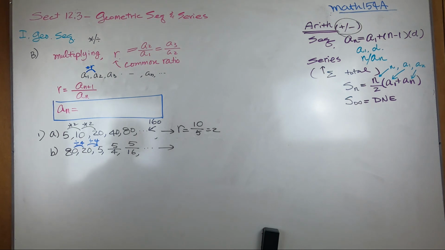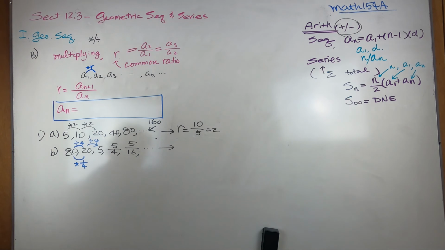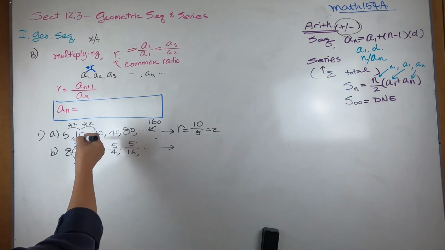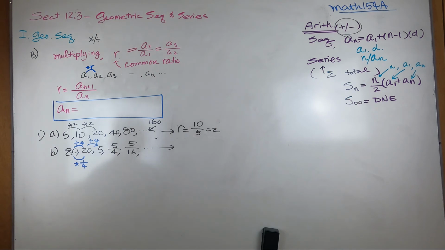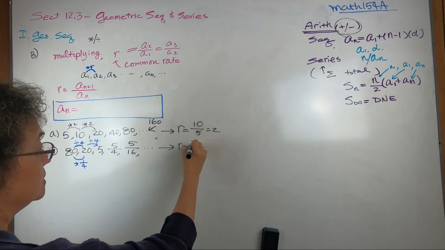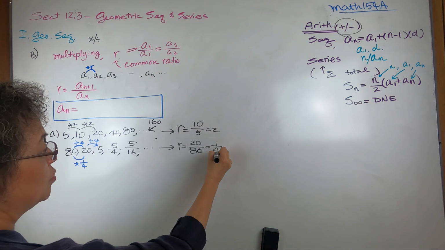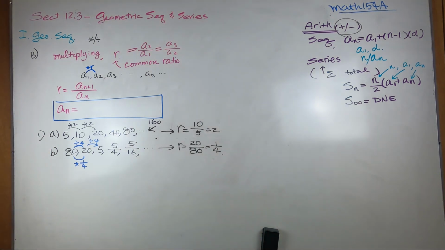But instead of doing division, dividing by 4 is the same thing as multiplying by 1/4. Are they the same? That's why we say multiply and divide: they have similar characteristics. So our r would be the second one divided by the first one, which is 1/4.